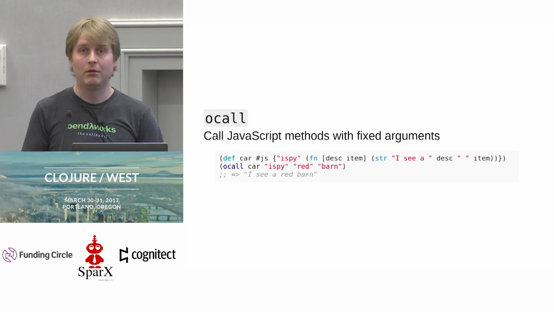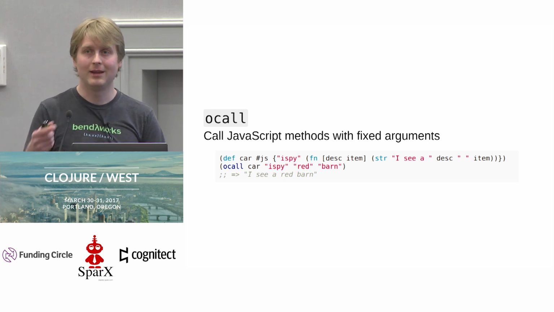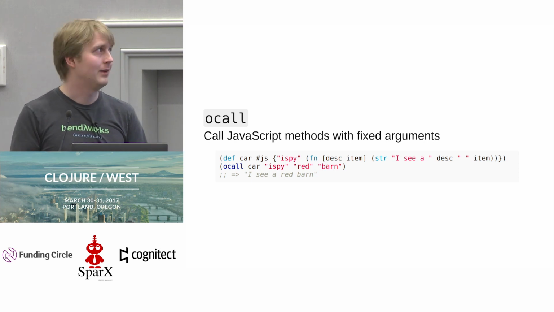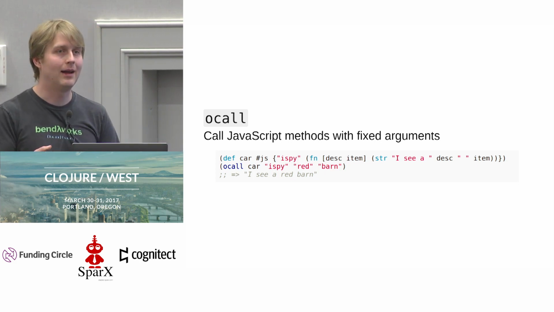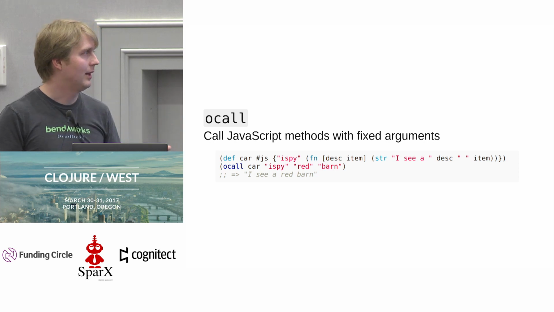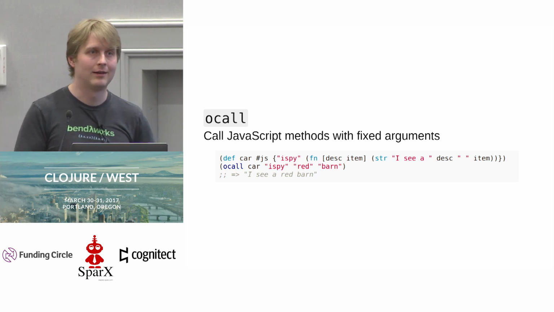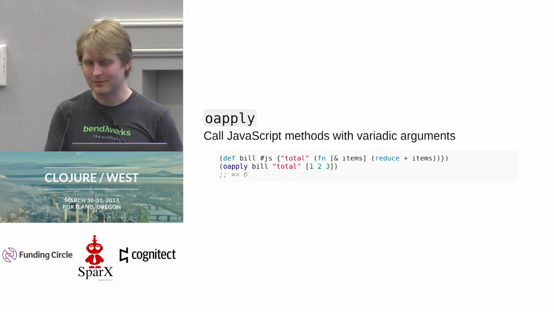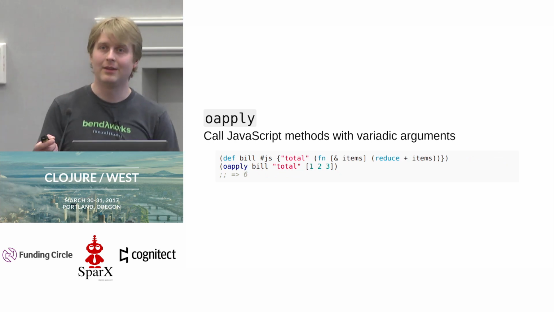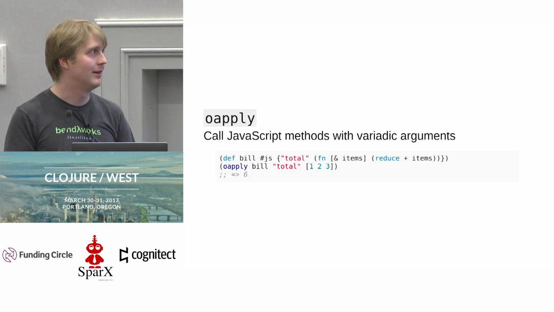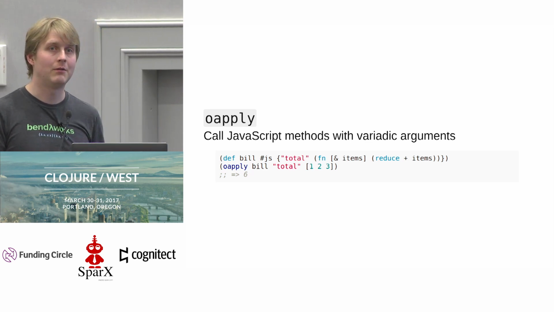And then call, which we can use to call JavaScript object methods with a fixed number of arguments. And right here, we're in the car, and we're playing I Spy, and we see I Spy a red barn, so that we can call it and return the correct thing that we see. And then finally, there's apply, where we can call JavaScript object methods with a variadic number of arguments. So we have the bill, and we want to total.